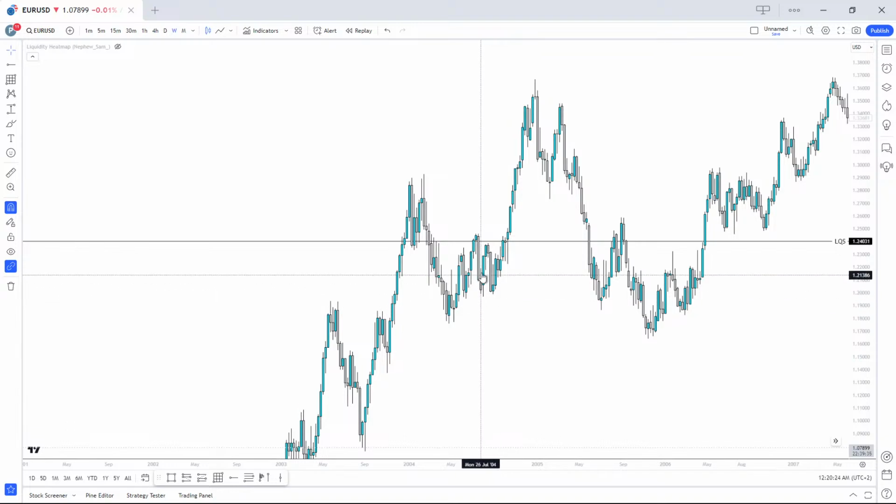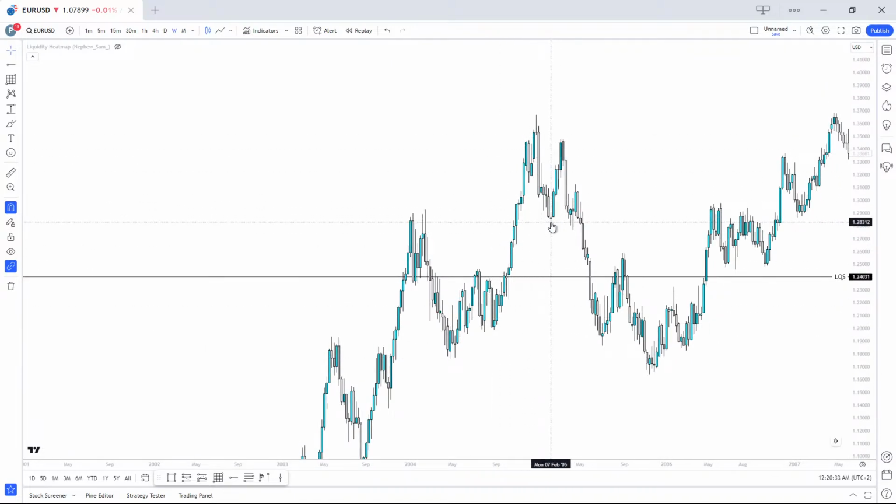It didn't create any break of structure here, if you ask me. It really didn't. It just continued with the trend.